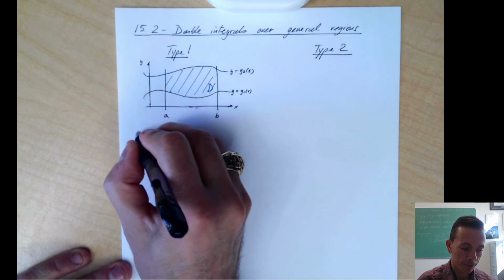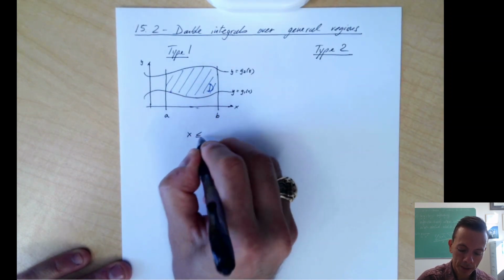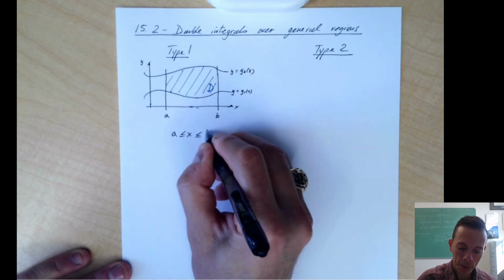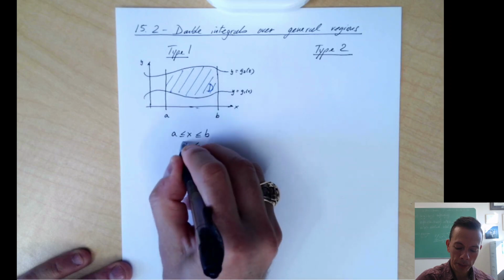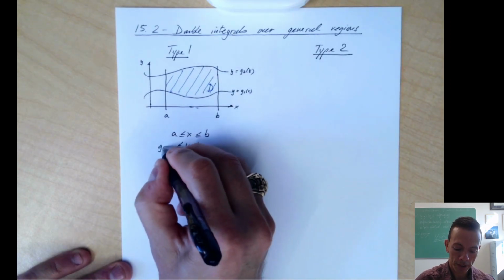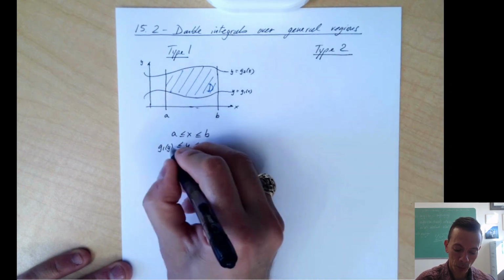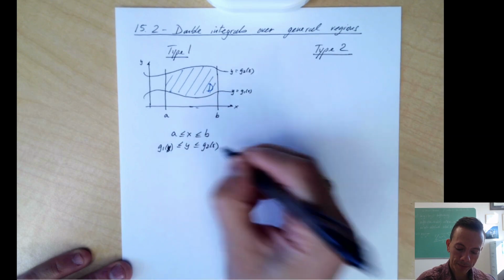So D is defined here by, it's a region where x is bounded between two constants a and b, and the y-coordinate is bounded between these two variable curves, g1 of x and g2 of x.